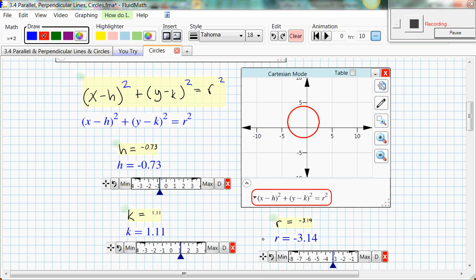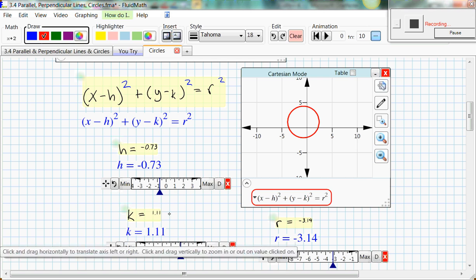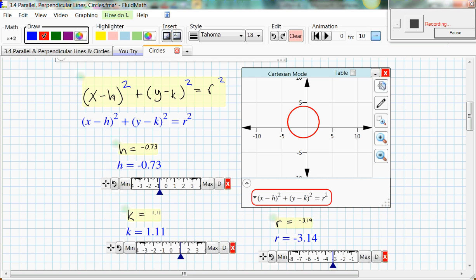So I have all the pieces that I need, the h, the k, and the r, and I have all of those individualized. Now, watch, do you notice that the h is tied to the x value in the binomial? So check it out. When I move the h left and right, what happens to the graph? So what is the h's role in this whole equation? The x tells you where it is on the x-axis, right? Now, what do you think the k does?